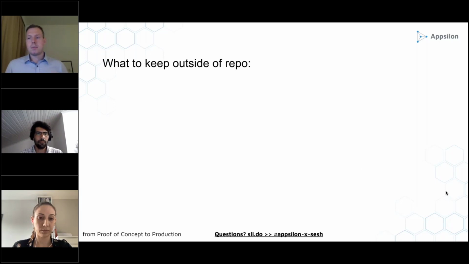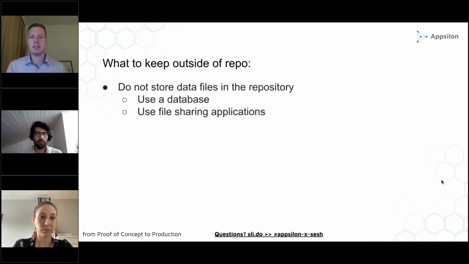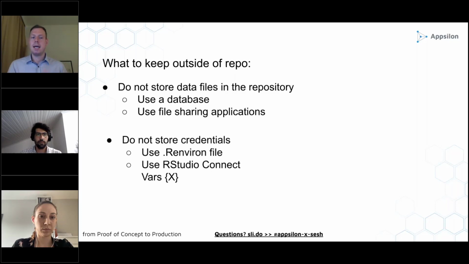Okay, the common mistake is also sharing in a repository some parts that shouldn't be there, like data files. These are big and make a mess in the repo, so use a database or some file sharing applications, and definitely do not share credentials in the repository, because you might actually violate some security on a production-ready application.